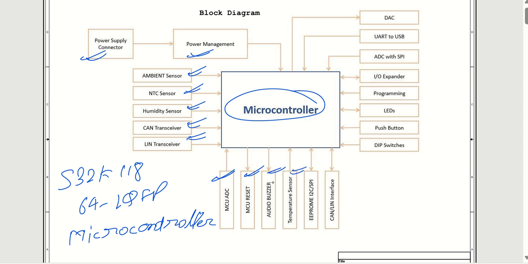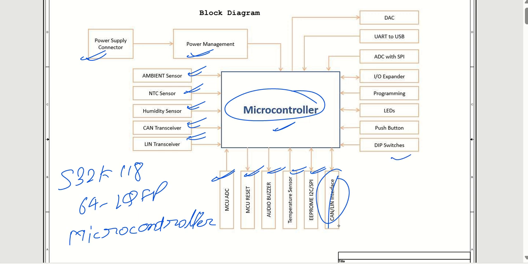Then we have temperature sensors and EEPROM. If you want, I can have I2C interfacing as well as SPI interfacing. However, internal EEPROM is also there. In addition to that, I have put two extra EEPROMs in the circuit. As I told you already, CAN and LIN transceivers you can remove.